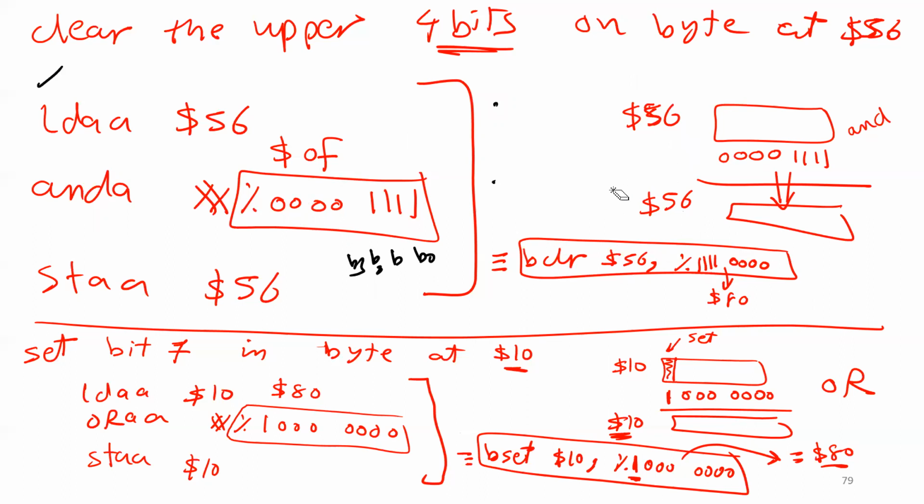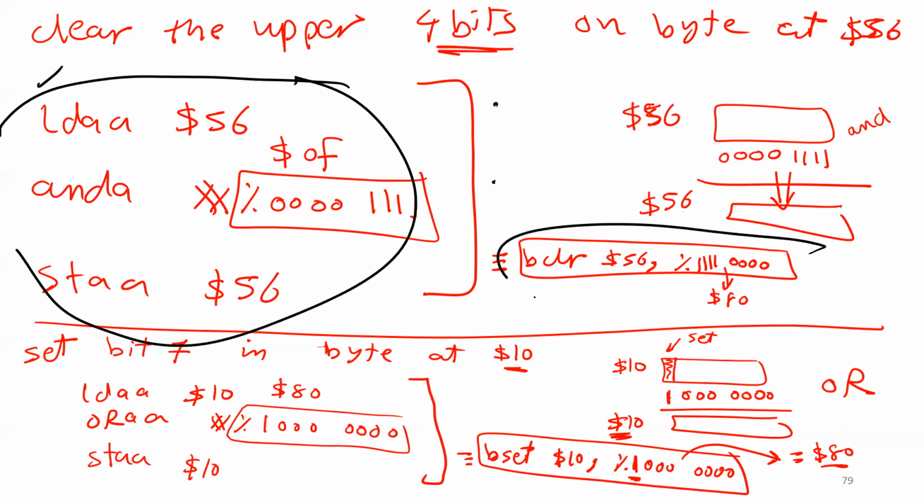Because these 3 instructions are just equivalent to this instruction. Let me say it again, guys. Bit clear. Okay, then memory location or address, and then you put here the mask. In this mask, you have to tell me which bits you want me to change and which bits you don't want to change.